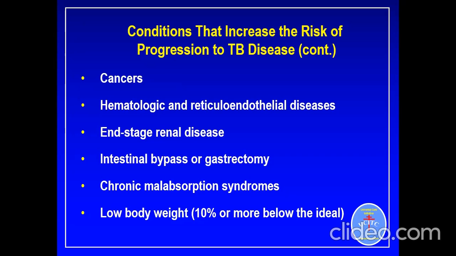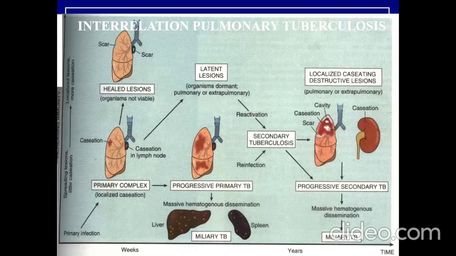Then chronic malabsorption syndromes and low body weight, of course, because the overall immunity is low. Being 10% or more below the ideal body weight increases the chance of progression to TB disease. So this is a slide which is very busy, but I will spend a lot of time on this.